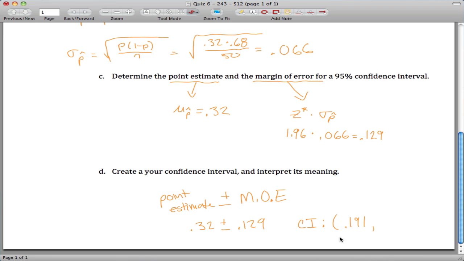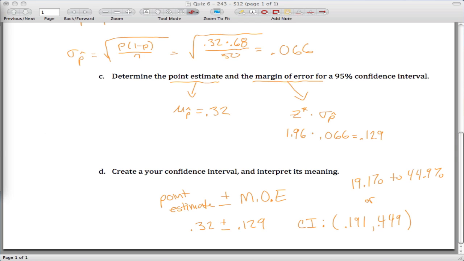Yeah, that looks right. And then if we add these together, you get 0.449. Or 19.1% to 44.9%. Either of these are fine.